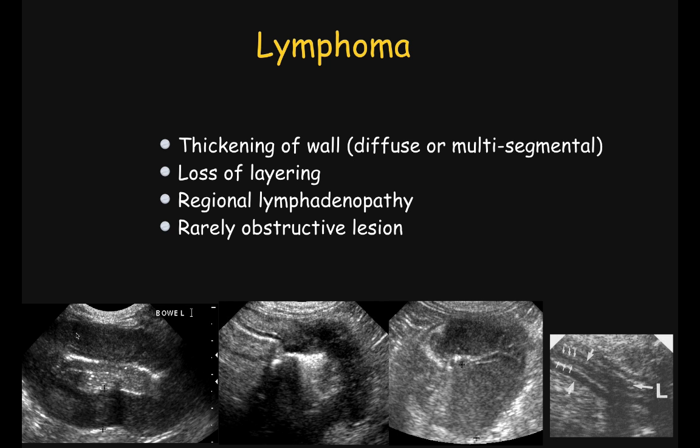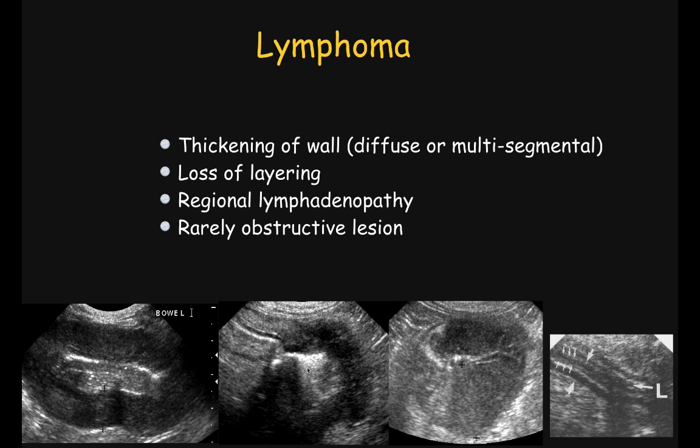And that loss of layering usually results in what appears to be a polyechogenic wall. The important feature in detecting this lesion is often to identify the lumen. We can see here a lumen that has some echogenic fluid versus a lumen here that actually contains some gas.